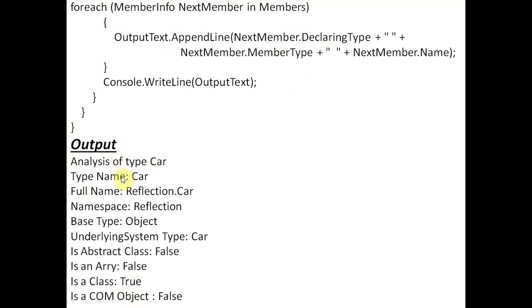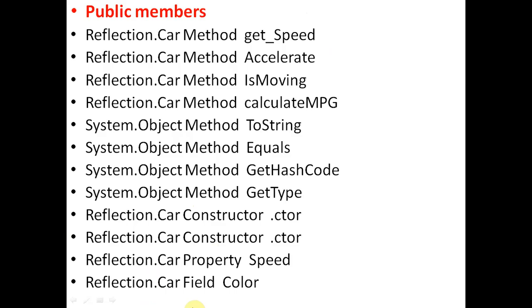By using reflection we are reflecting the name of the type, its namespace, its base type, object type, and whether it is an abstract class, array class, or class com object. Whatever information there is regarding this class, it will return, including all its public members.